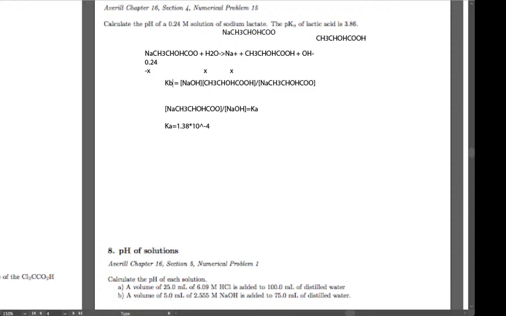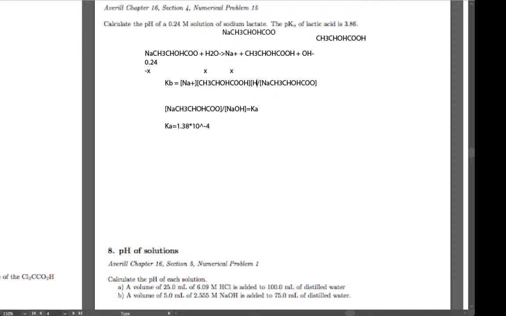And so with this, you can actually just find out what the thing is. This thing here is Kb, and so the terms would be Na plus, whoops, I'm so sorry about that. So it is Na plus with CH3COOH, which is lactic acid, and then NaCH3CHOHCOO, which is sodium lactate. From this we don't need to divide by H2O.